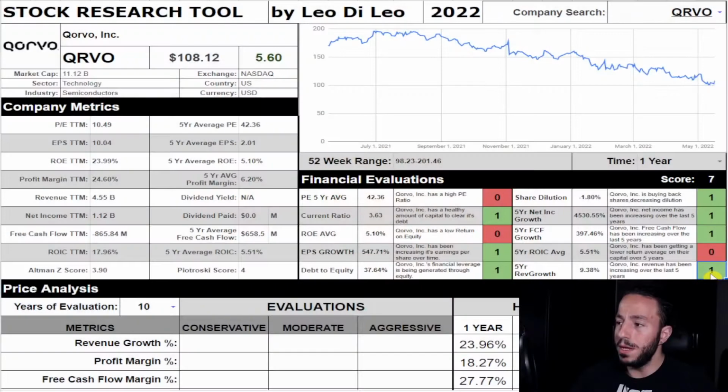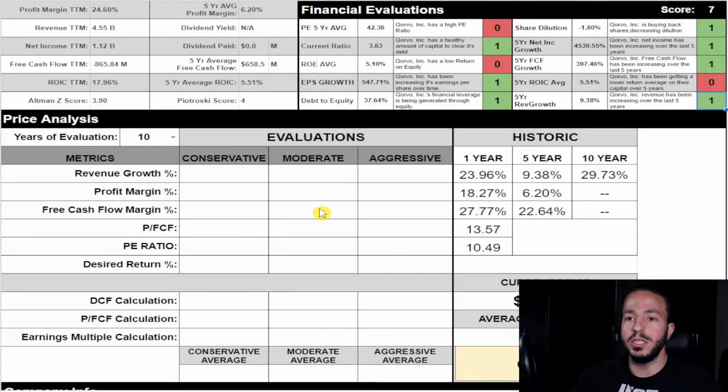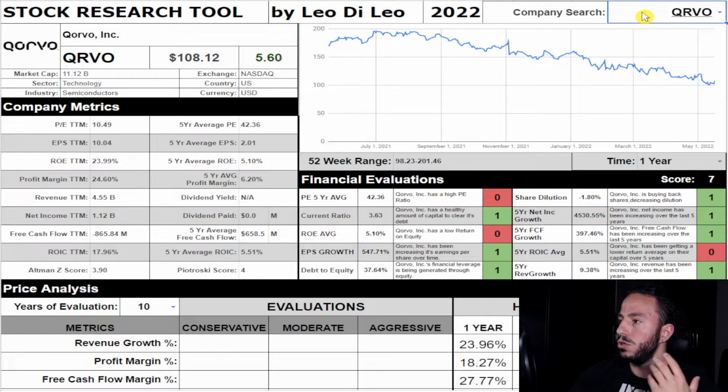You can put them through the stock research tool here and get a deeper look into the business, and you can do a price analysis to determine what a fair price for this company would be. And you can have access to not only American markets, but we have access to Euronext markets, Toronto Stock Exchange for my Canadian friends. This is going to be available to you hopefully within the next couple of weeks. I am pushing so hard to get this app out to you.